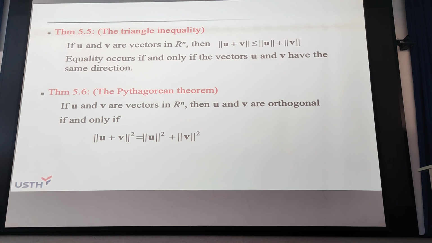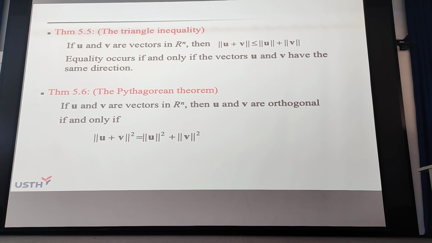The next two claims: the first one is about the triangle inequality. It is formulated like that, and by geometry you can imagine it is exactly the triangle inequality we know from elementary geometry.